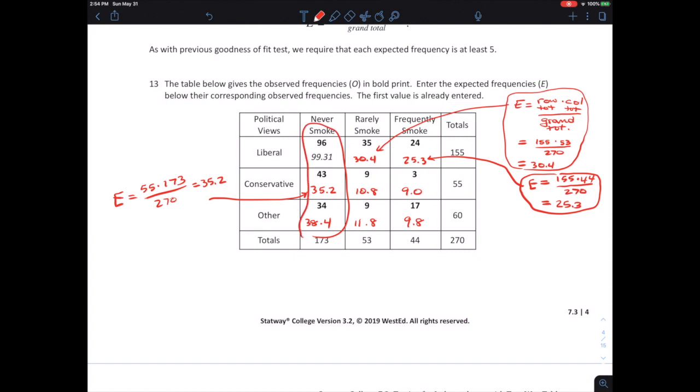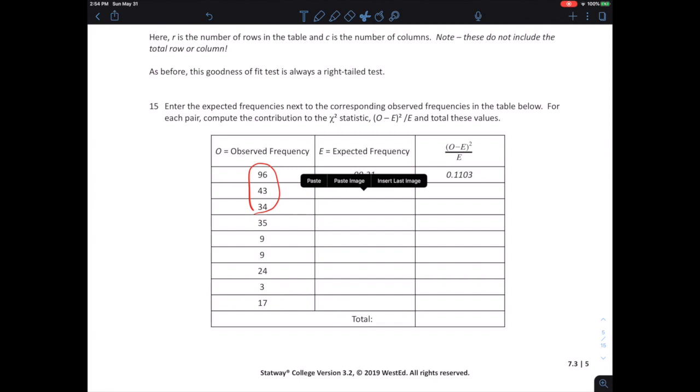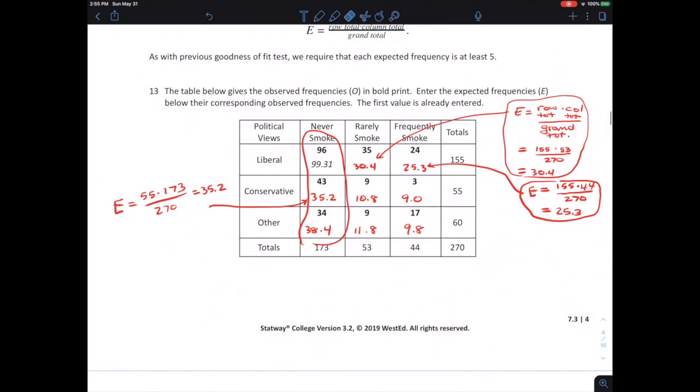I'm just going to copy over the expected frequencies from there, and I'm pasting in those expected frequencies here. So that's the first column of the table. The next 3 are the second column of the table. Again, I'll just copy those over.